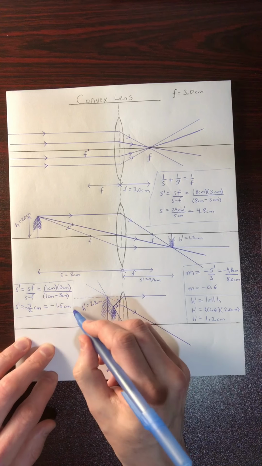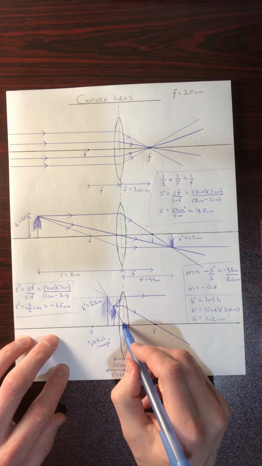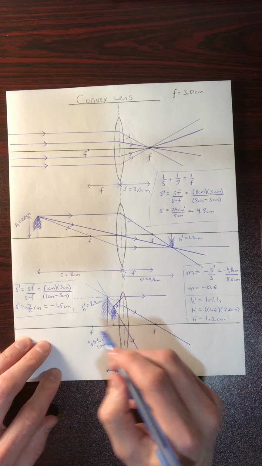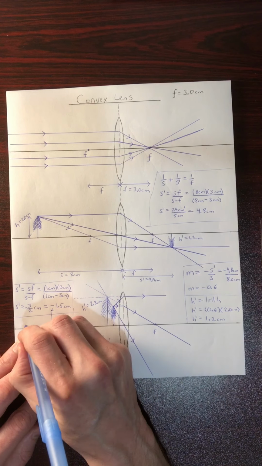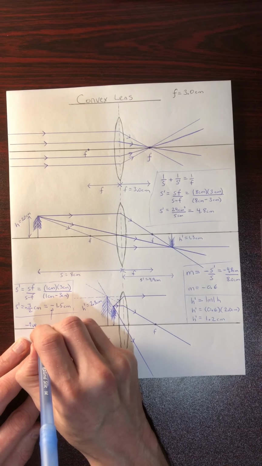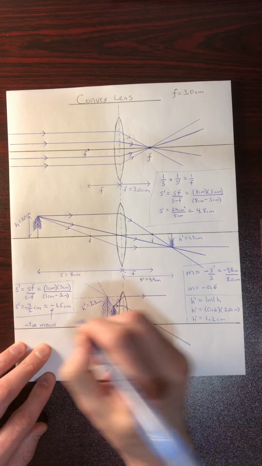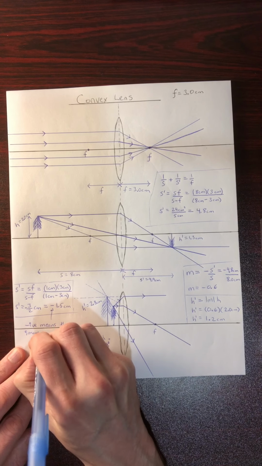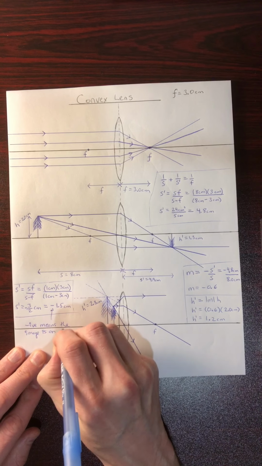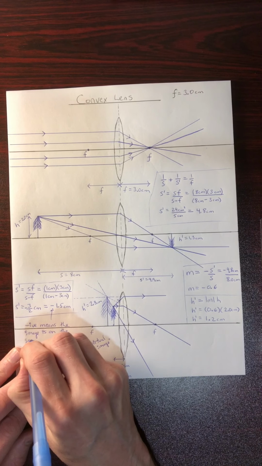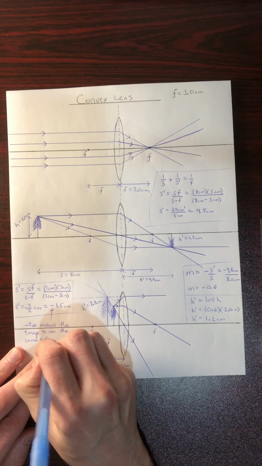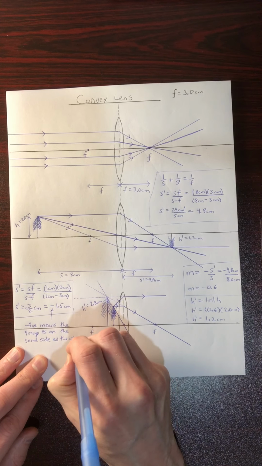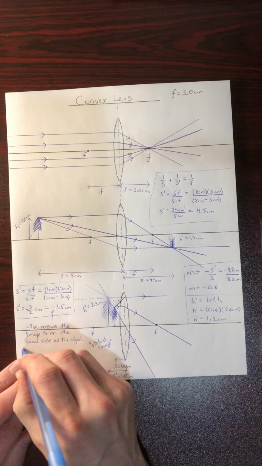Okay, so the negative here just means that it's on the same side as the original object. So the negative means the image is on the same side as the object. Okay.